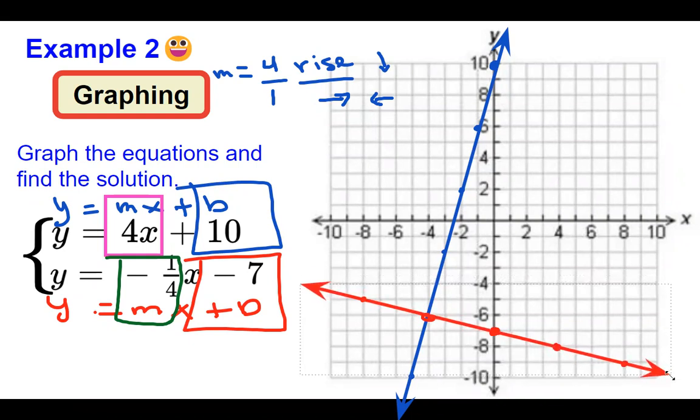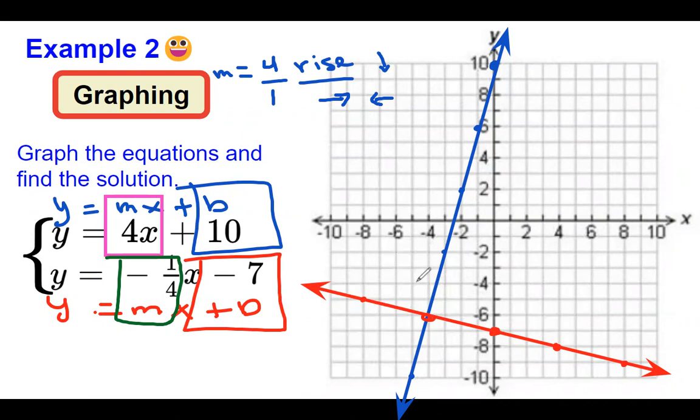Nice and beautifully done. Now, they do intersect. They have a solution. So what is my intersection here? Now, my solution here is at what? -4, -6.